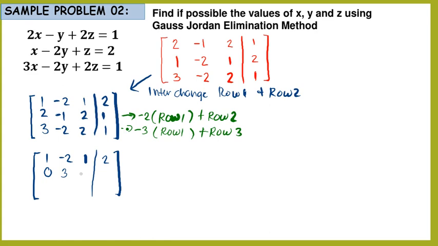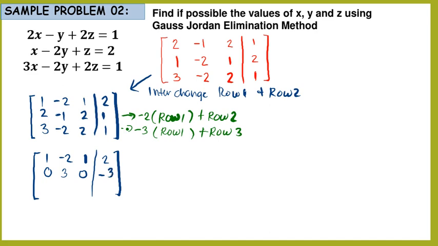That will result to a value of 0. And for our constant, negative 2 times 2, yung row 1 natin, that is 2, plus yung row 2 natin, that is 1, this will become negative 1. Wait, mali. Negative 3.